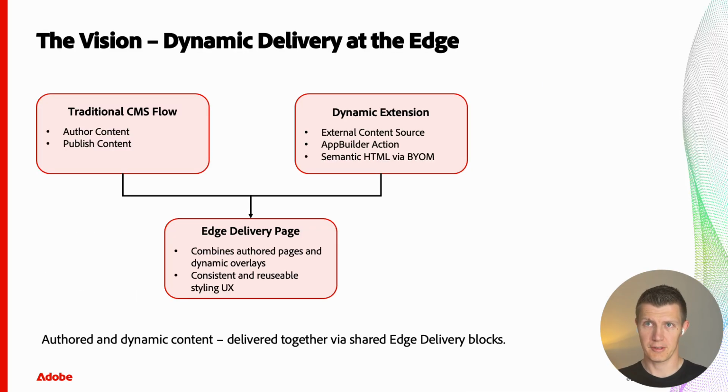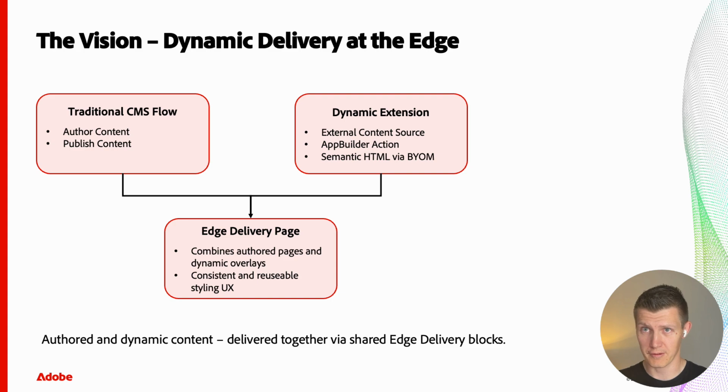This diagram illustrates how traditional CMS publishing and dynamic delivery can coexist within the same architecture. On the left, we have the AEM authoring flow, ideal for editorial content, structured layouts, and controlled publishing. On the right, we introduce a dynamic extension. External content is fetched and transformed by App Builder, then delivered as semantic HTML using Bring Your Own Markup.